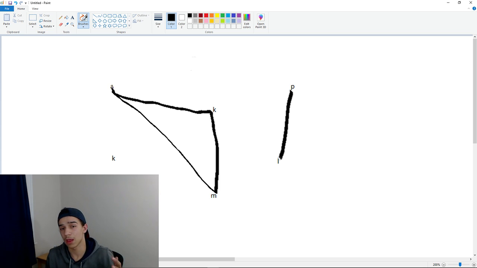So A, K, and M are all connected to each other, but K and P are not connected. That would be a disconnected graph. So the example on the left is a connected graph, but when we bring in the right side, it becomes a disconnected graph, if that makes sense.